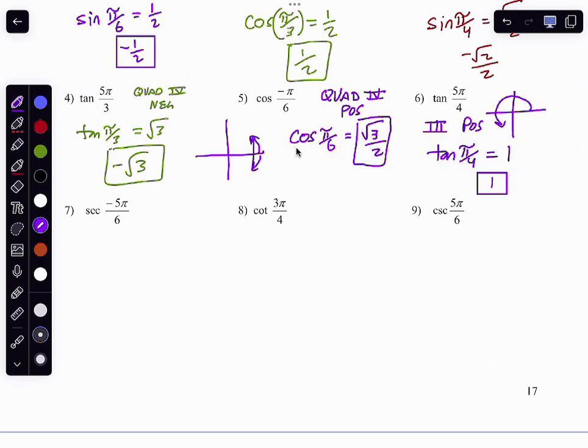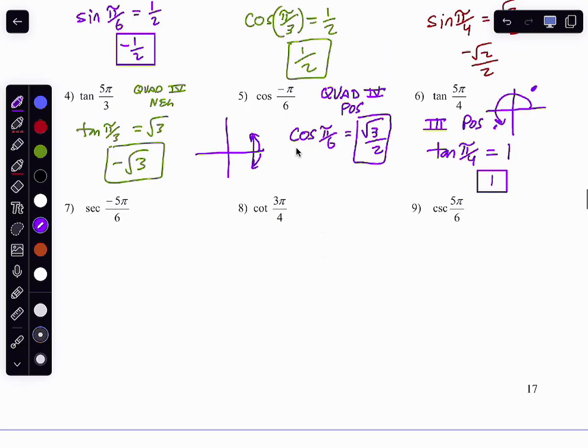And it's positive, so it's also 1. Here, it's positive root 2 over 2, comma, positive root 2 over 2. Here, it's negative root 2 over 2, comma, negative root 2 over 2, which, when you divide, gives you 1.